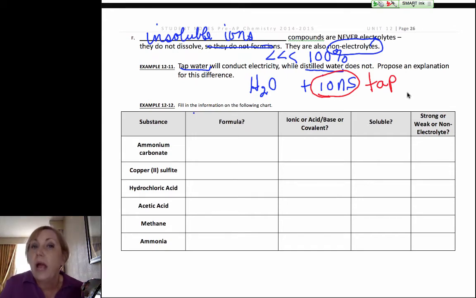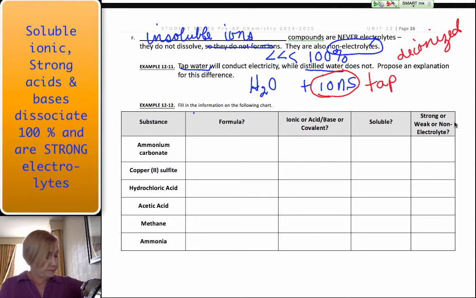But when it conducts electricity, it is due to the ions in tap water that are not present in distilled water. In fact, often distilled water is also deionized. So if you look at the column and the carboy in the back of my room, that big carboy is full of deionized water. The ions have been taken out, and the water does not conduct electricity.